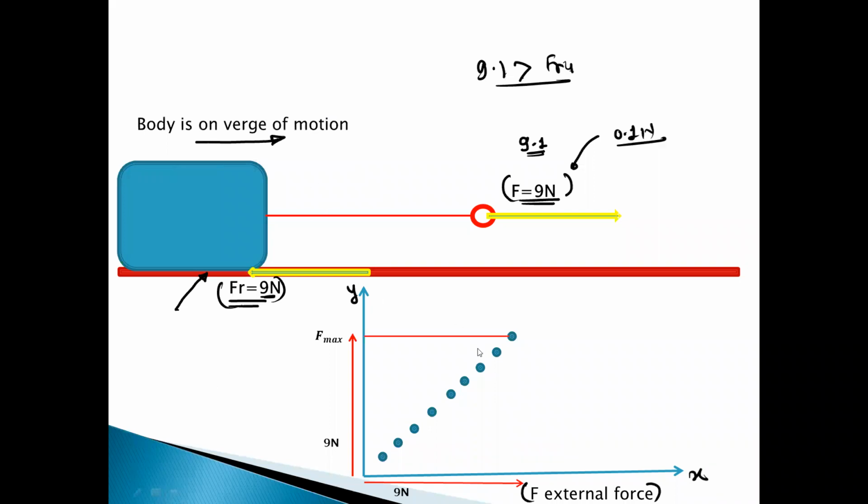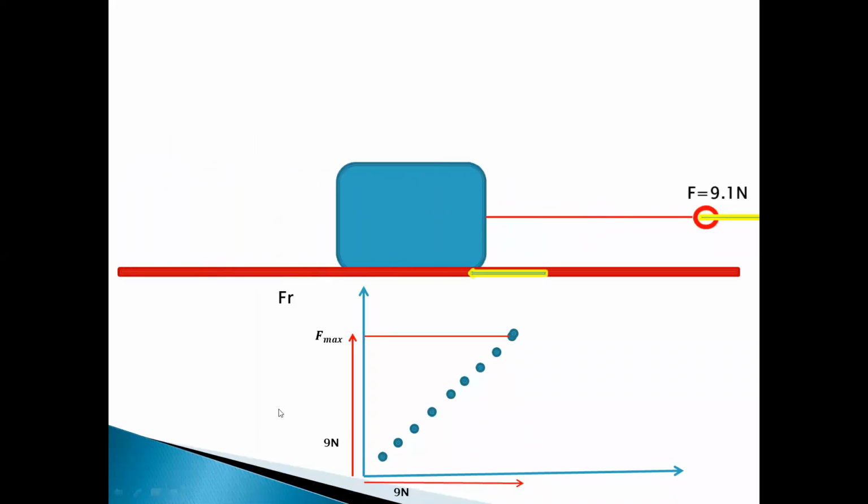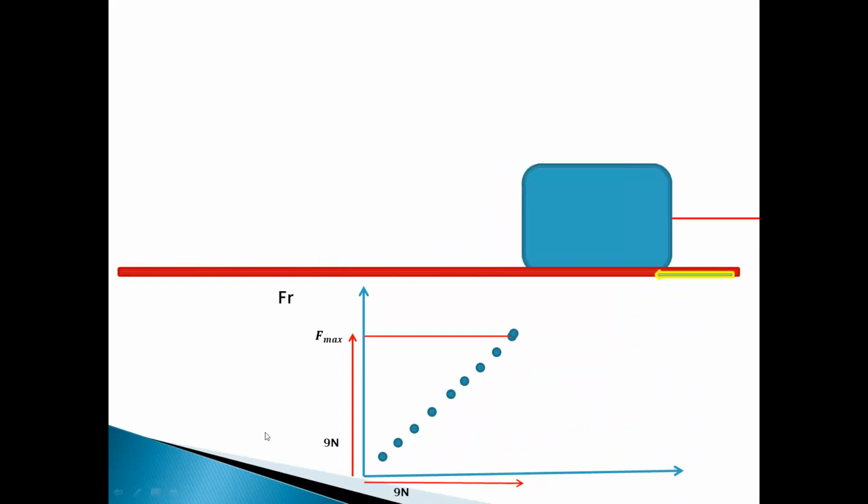This condition is called the limiting condition, or the verge of motion. The meaning of verge of motion is that this is the last static condition. After that, the object will completely start its motion. That is the dynamic state. So you can see if the force becomes 9.1 Newton, then the object will start its motion.